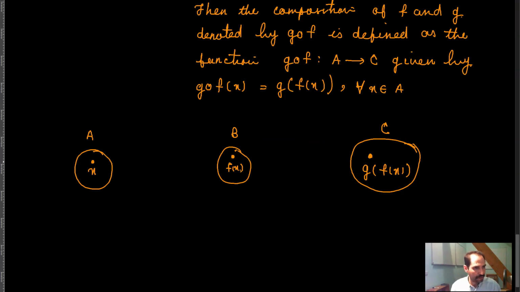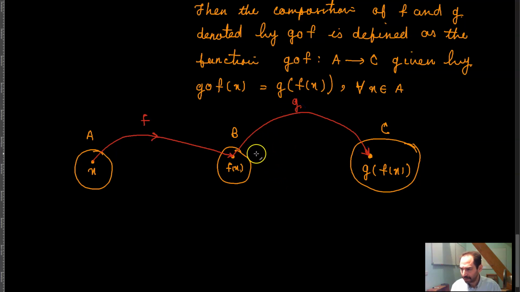So what that means is that x is mapped to f of x through the function f, and then through the function g, f of x is mapped to g of f of x in C, this way. This is the function g.